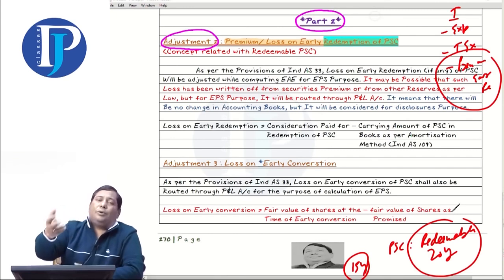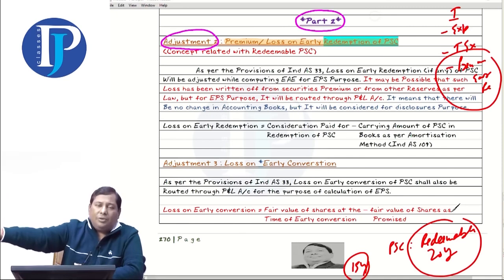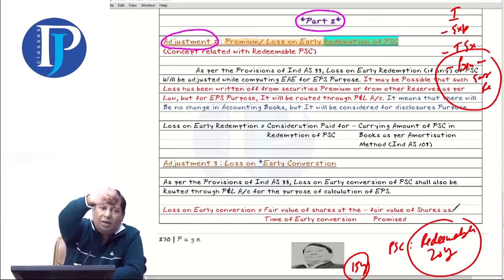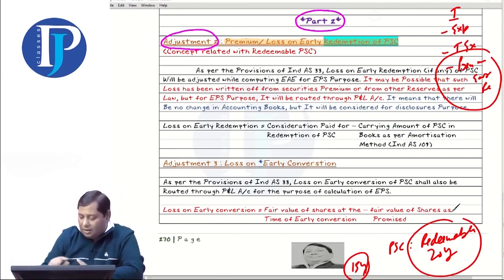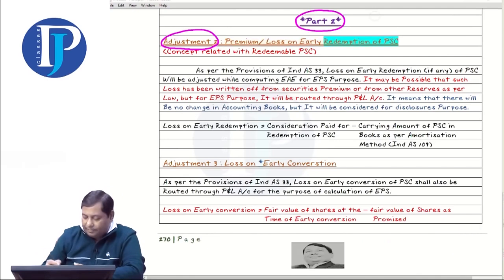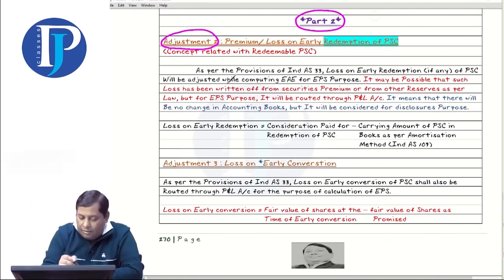Earnings per share is a disclosure. All calculations of disclosure are done outside the accounting books. This won't affect your double entry system. Do anything in books as per law. But in EPS, you will have to count it as mentioned in Ind AS 33. As per provisions of Ind AS 33, loss on early redemption, if any, of PSC will be adjusted while computing EAE for EPS purpose.